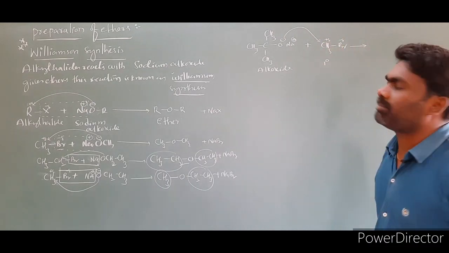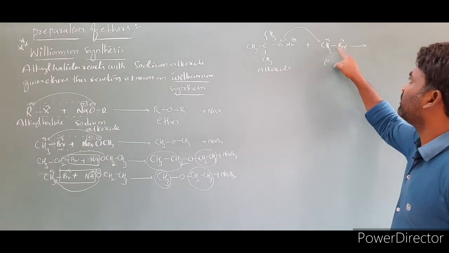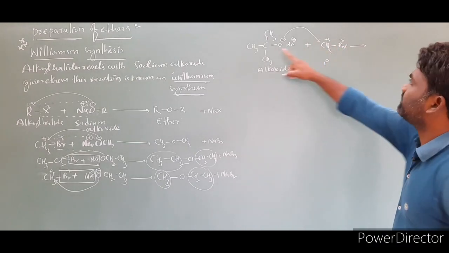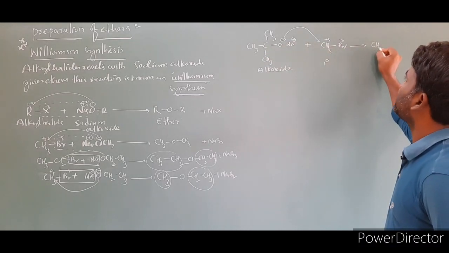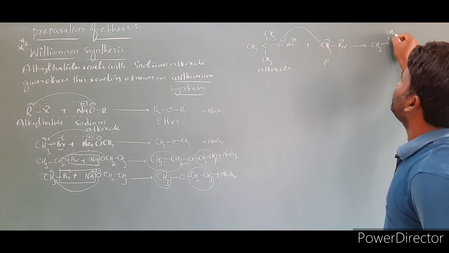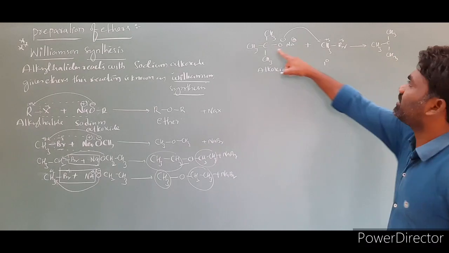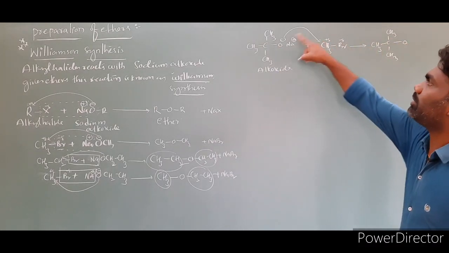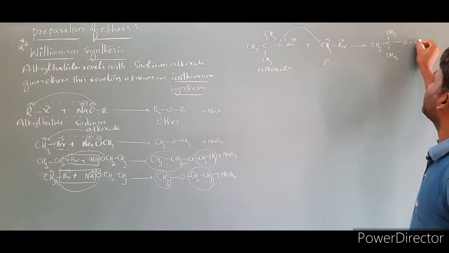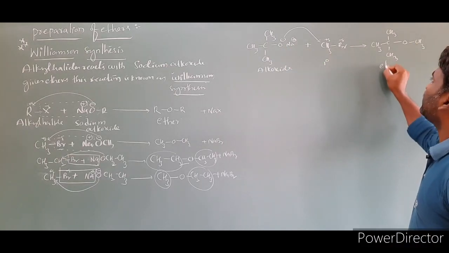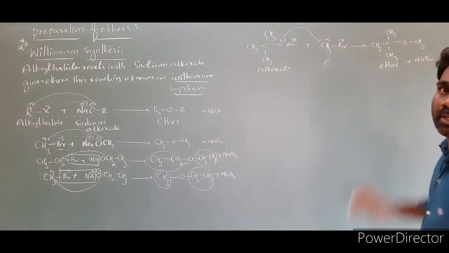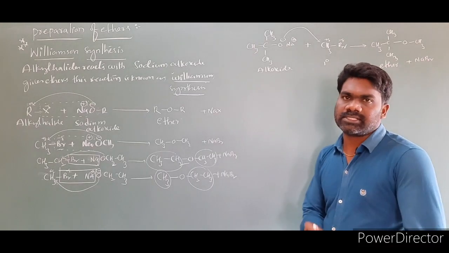This negative charge attacks this positive charge, and Na plus and Br minus are eliminated in the form of NaBr. The product is CH3, this methyl group attached to this oxygen, OCH3. This product is an ether, and the byproduct is NaBr.